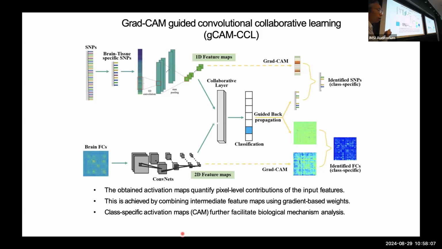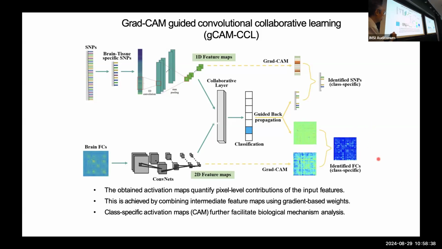Then we run a one-dimensional convolutional neural network. Similarly, for the brain connectivity network, we run a two-dimensional convolutional neural network. We use the CNN architecture because for CNNs we have good interpretability methods to help us identify important features.